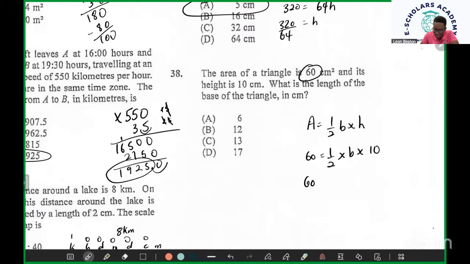So 60 is equal to half of 10, which is 5. 5 times b is 5b. So 60, we take the 5 over to divide. So 60 divided by 5 is equal to b. So hence b is equal to, I think 5 12s are 60. So b is equal to 12.